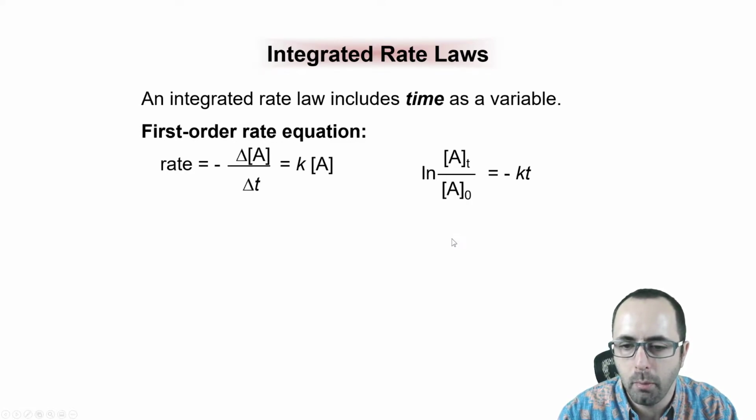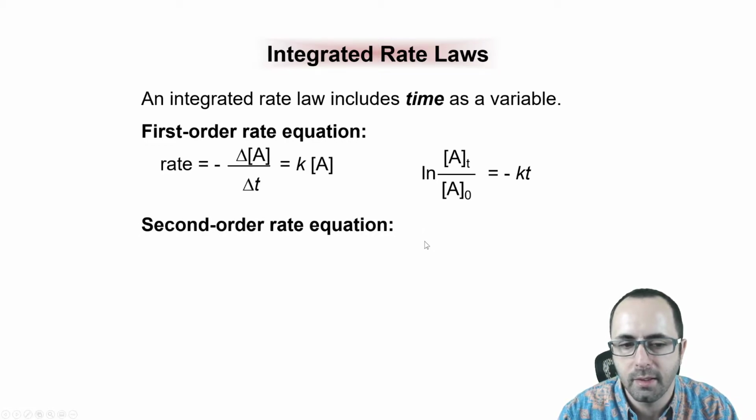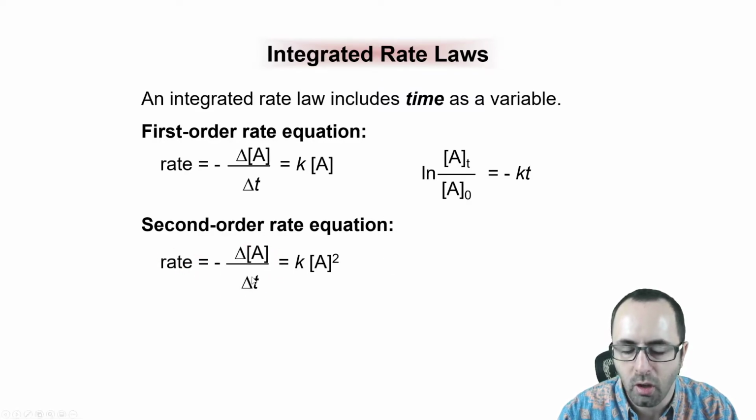So if you perform that integration on a first order equation, we can tell this is first order because it's the first power, you get this integrated rate law. If you ever wondered why there's natural logs all over this stuff, that's why. It comes from calculus. If it's a second order rate, well, your rate again is the change in concentration over the change in time.